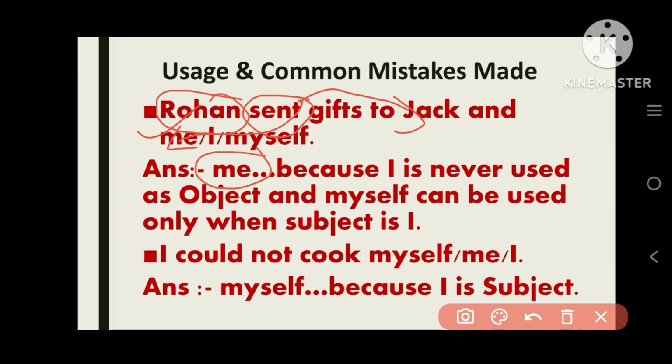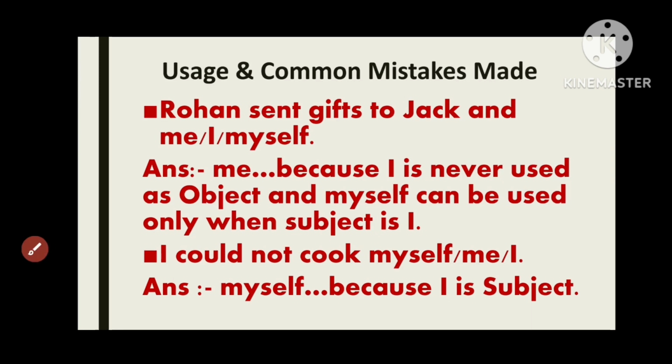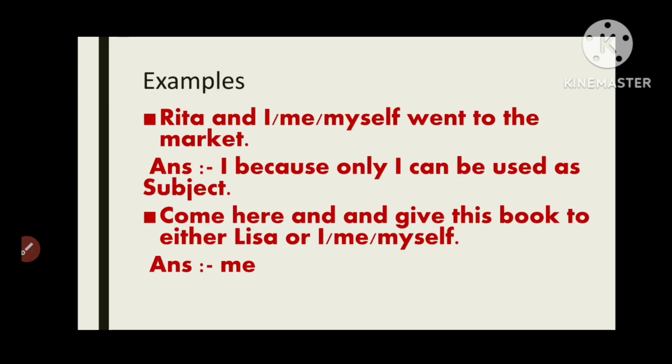Now see the other sentence: I could not cook myself, me or I. The correct answer is myself, because here the subject is I, and myself can be used only when the subject is I. I hope you have understood how me, I or myself can be used in a sentence. Now another example: Rita and I, me, myself went to the market. As I already told you, I can be used only as a subject.